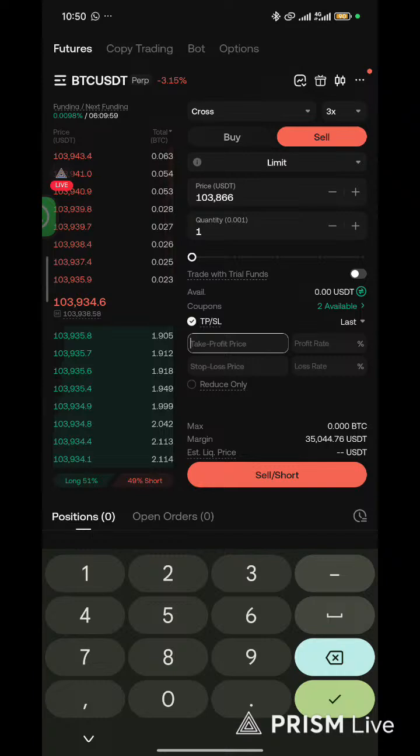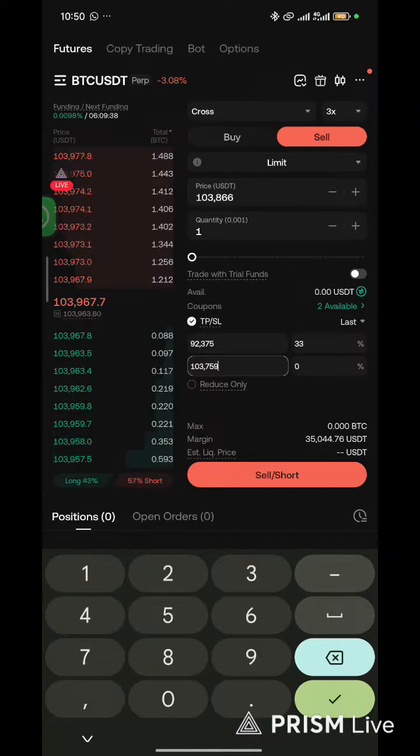Then you set your take profit. Remember I said 92,375, that was my take profit. Then my stop loss would have been 103,759.